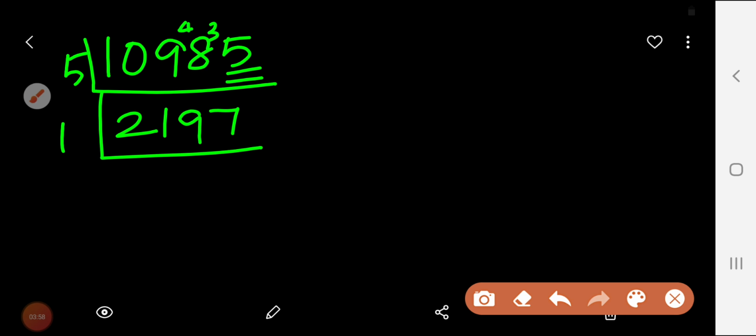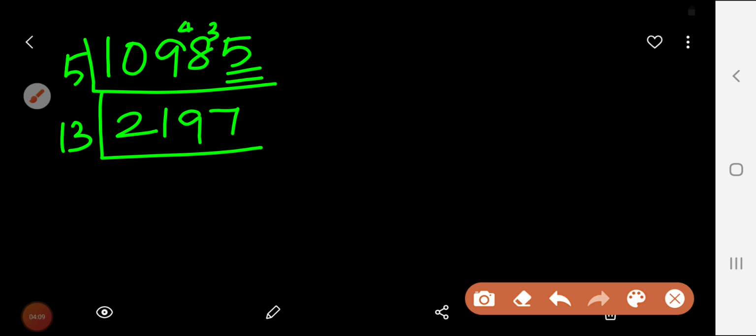Here 2 5s are 10, 1 5 is 5, remaining 4. Now 48: 9 5s are 45, remaining 3. 7 5s are 35. Next we will divide by 13, because 13 is a prime number, so it will divide.